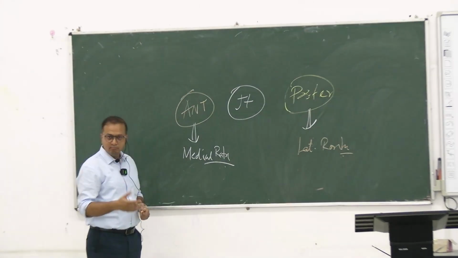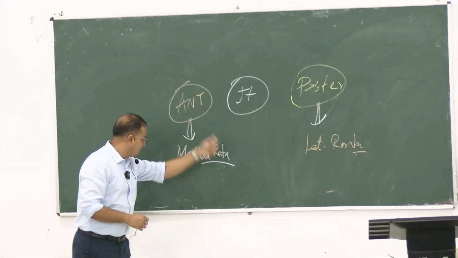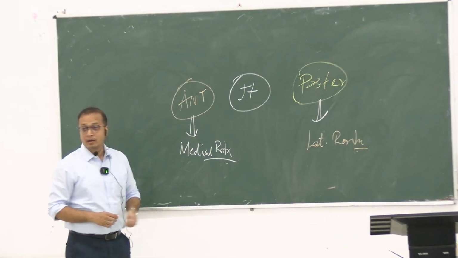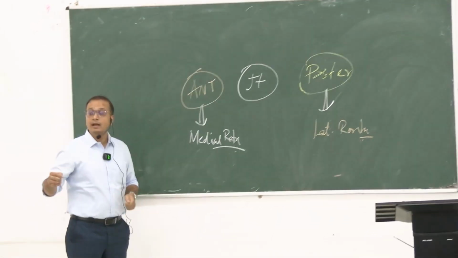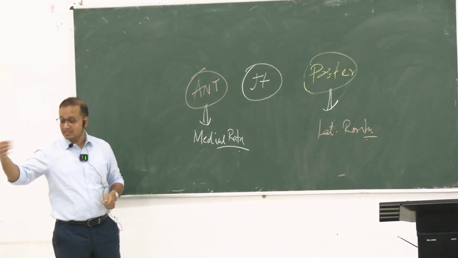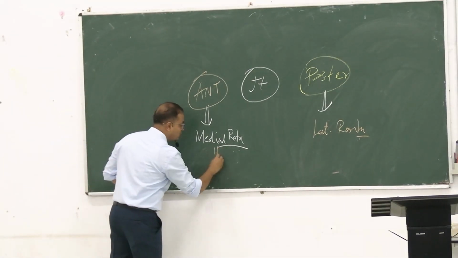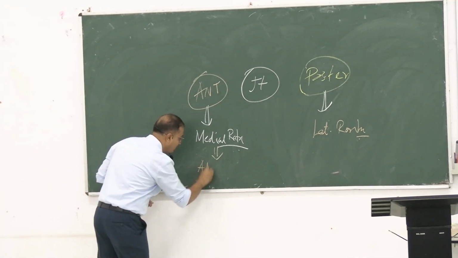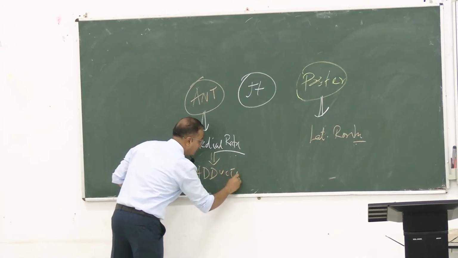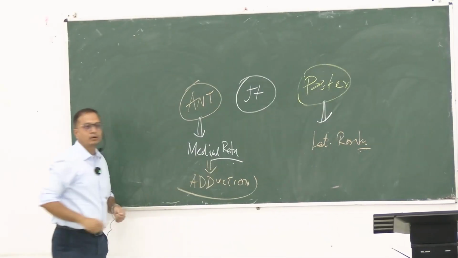Posterior to it, it will be a lateral rotator. Anterior to it, it will be a medial rotator. Now if any muscle is doing this medial rotation, we get a free extra assisted movement. If it is doing medial rotation, it can also do adduction of the joint.